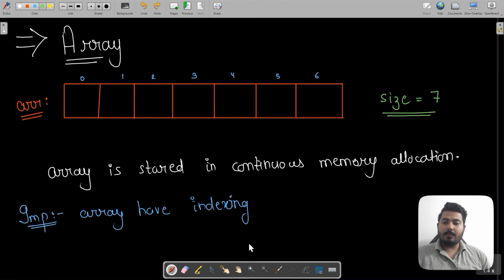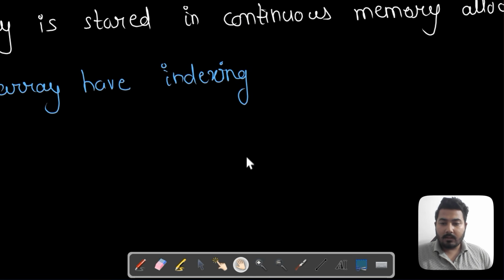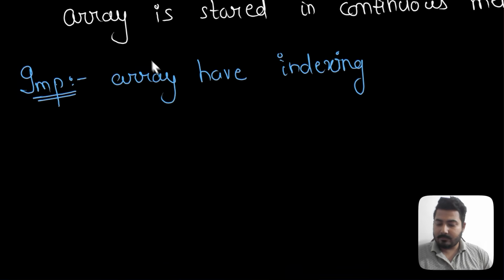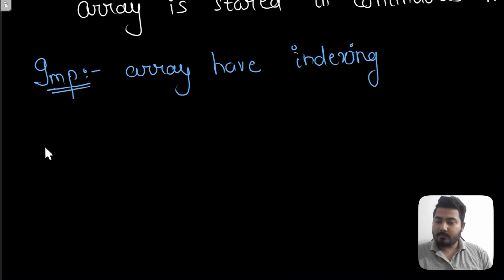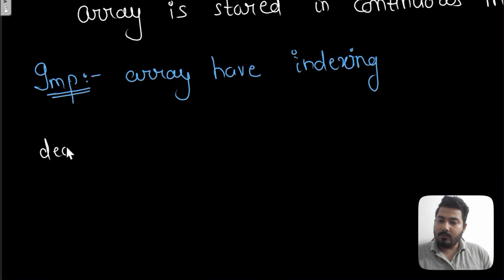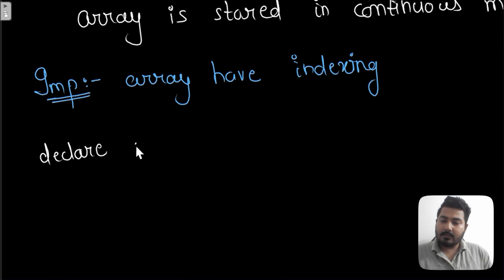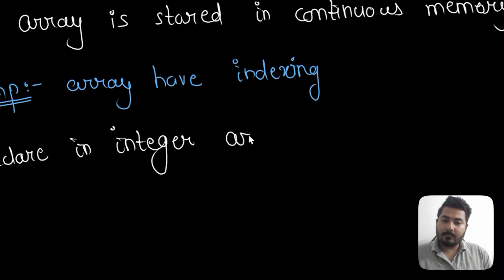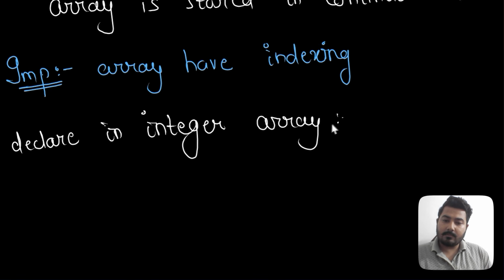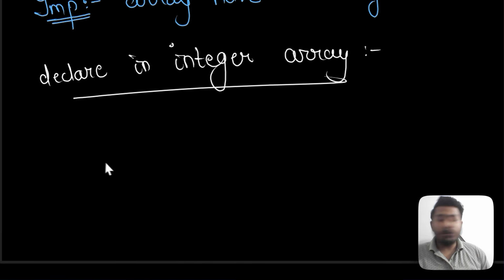Let's suppose I want to create an array of integer type, how would that look like? How do you declare an integer array? That would look like this.